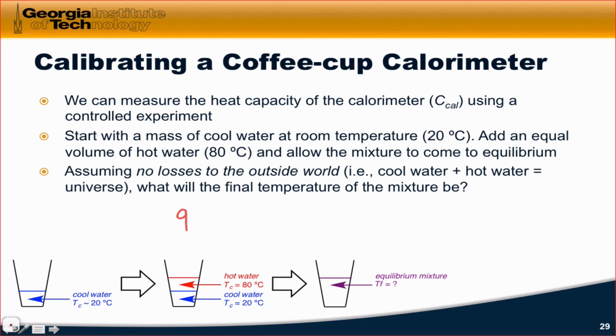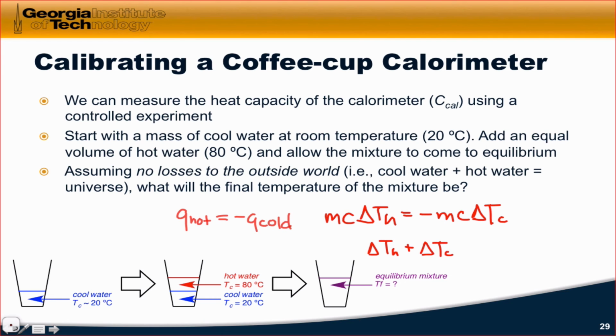All we need to show is that Q for the hot water is equal to the negative of Q for the cold water, and that's true because we're assuming no losses to the outside world. So the hot water is the system and the cold water the surroundings, for example. That means that M, the common mass, times C, the common heat capacity, since it's water in both cases, delta T for the hot water must be negative MC delta T for the cold water, which means ultimately, if we rearrange this, that the sum of the two, delta T hot water plus delta T cold water, must be equal to 0.